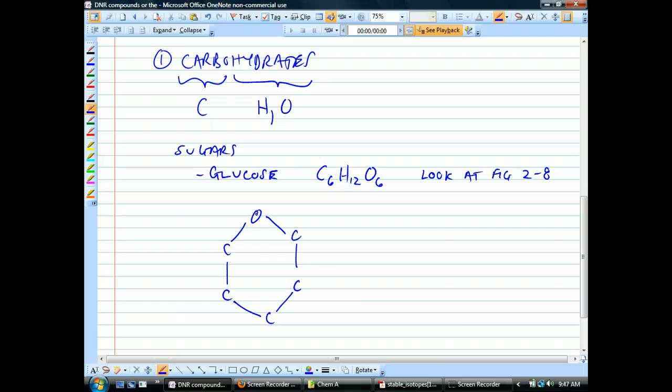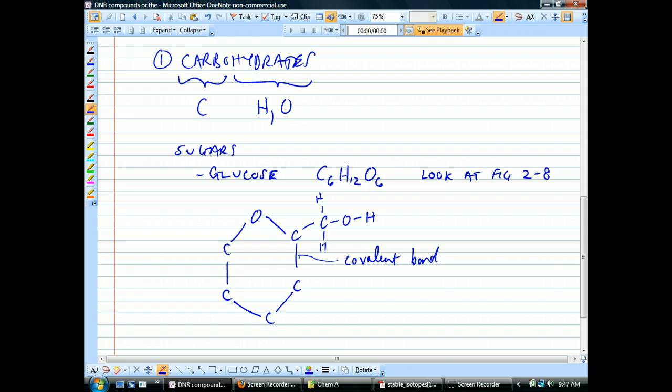And of course, all these lines are bonds. This is a covalent bond. Now, so far, I've used up 5 carbons and 1 oxygen. So what happens with the rest of them? Well, off of one of these, we have another carbon with 2 hydrogens. I know this is complicated, but try to reproduce this in your notes if you can.